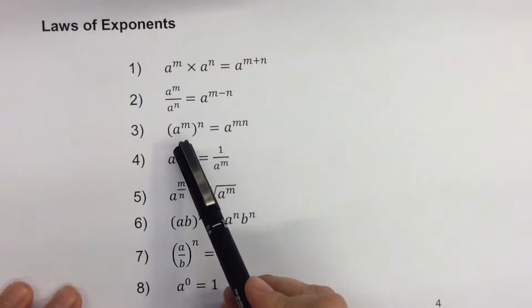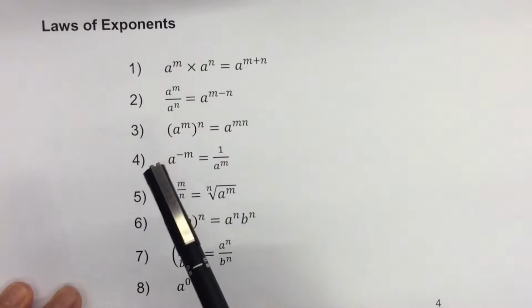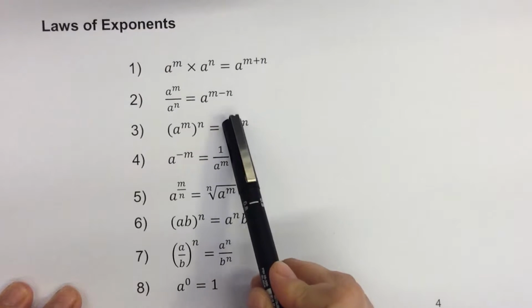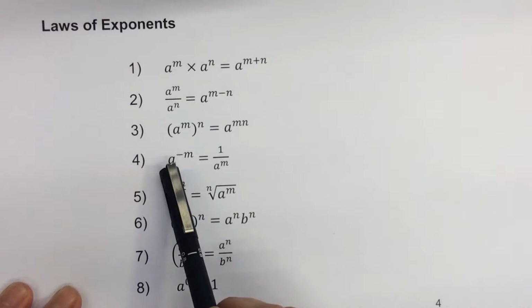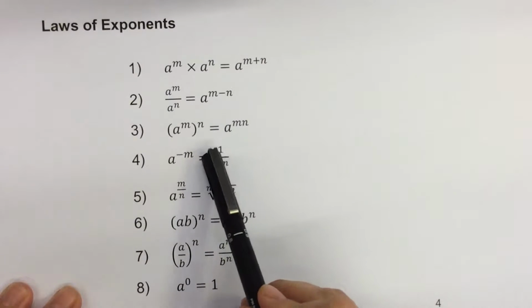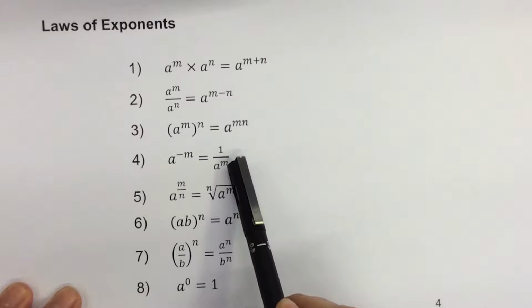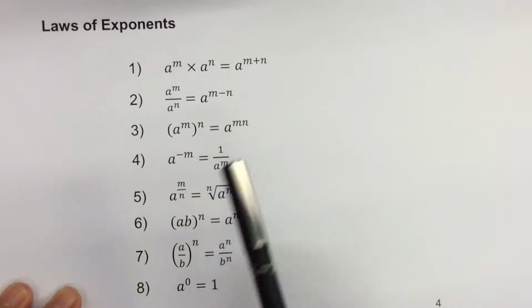Next, if we have a power raised to another power, then the result would be our base to the power of the product of the indices. Next, a number to the negative power would equal 1 over the base to the positive power. Yes, here we have minus m, here we'll have m.